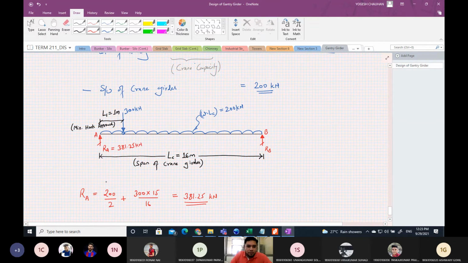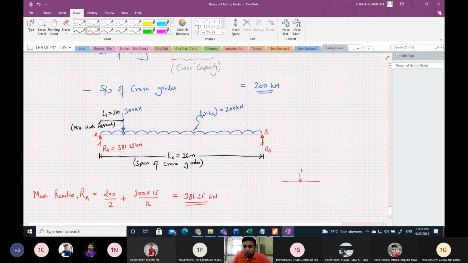We are interested in the maximum reaction, so no need to find the reaction at B. This is the maximum reaction. See what we have done, we have applied the principle of superposition.